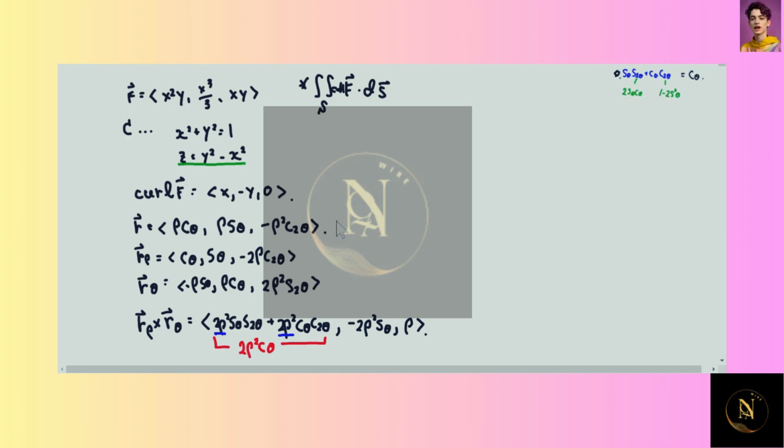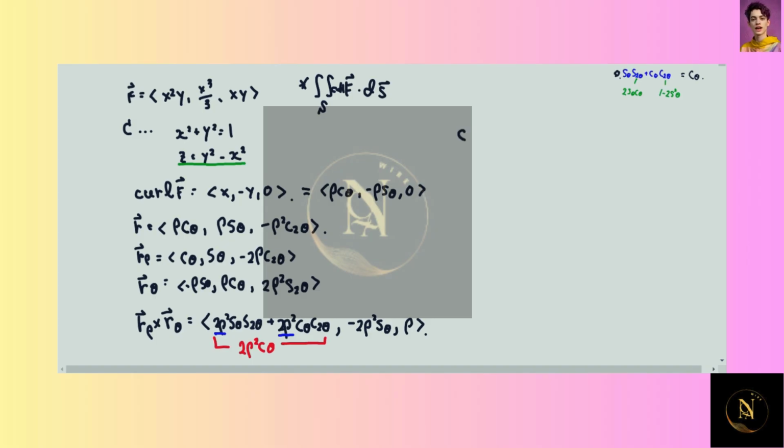All right, so we want to express now the curl with respect to rho and theta. It is simply rho cosine theta, negative rho sine theta, comma 0.